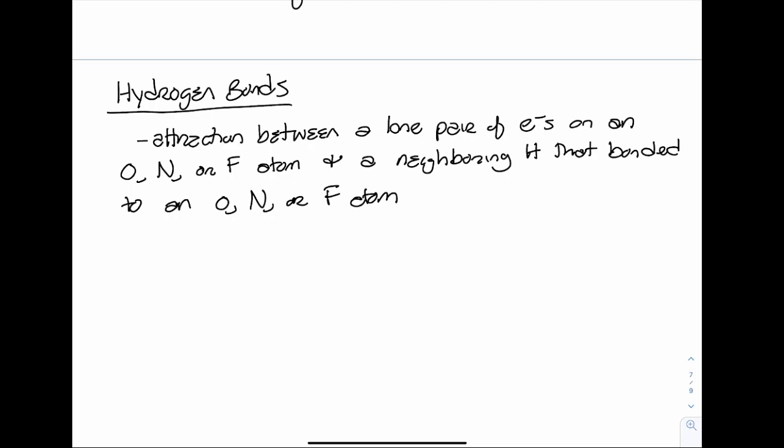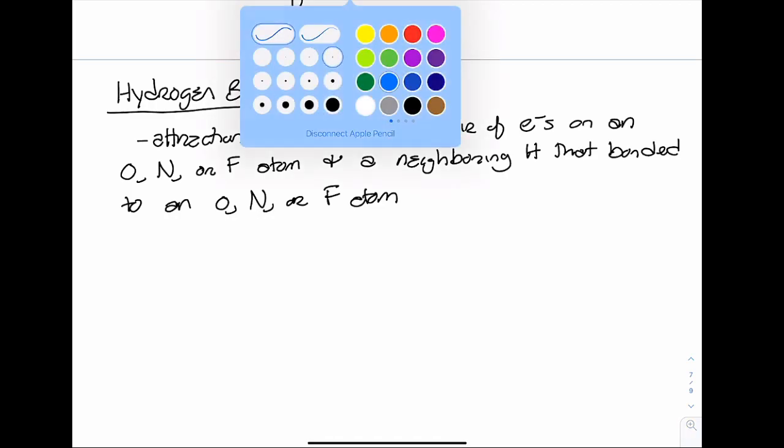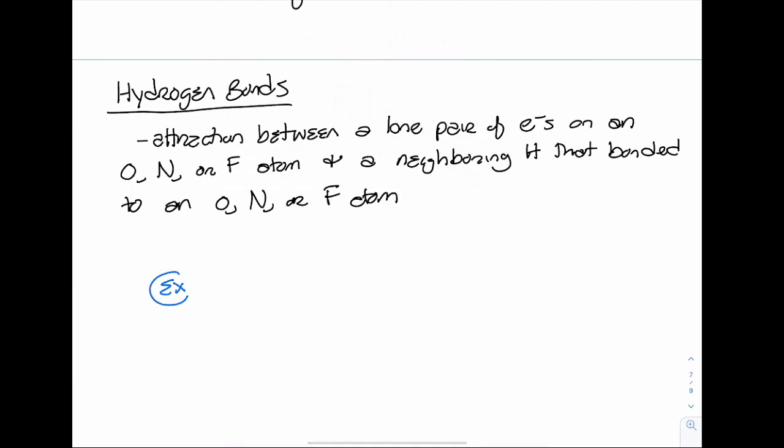So if we look at that alcohol again, I've got two lone pairs here, and then if I draw my neighboring molecule, so my criteria, I have a lone pair of electrons on an oxygen, and then I have a hydrogen that's bonded to an oxygen on a neighboring molecule.